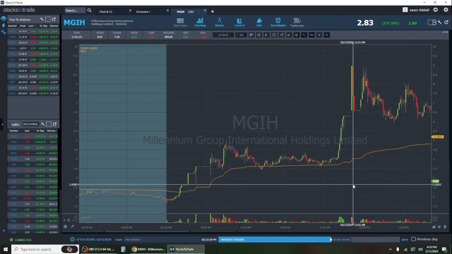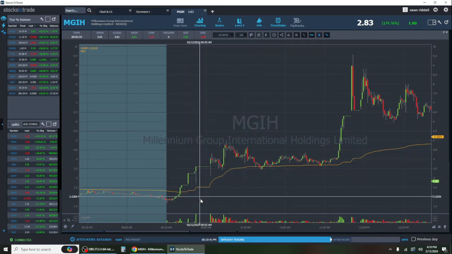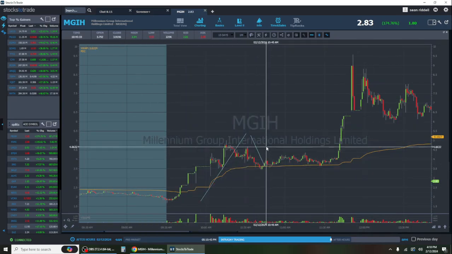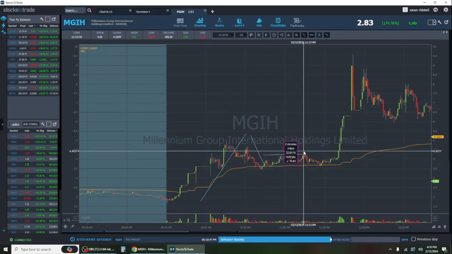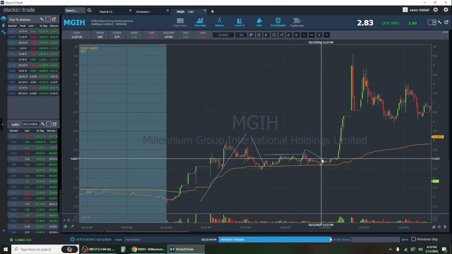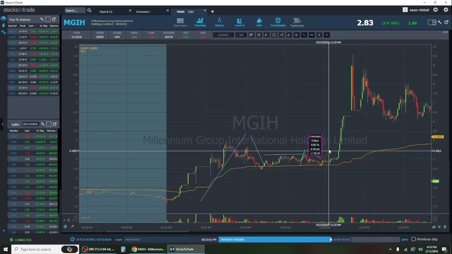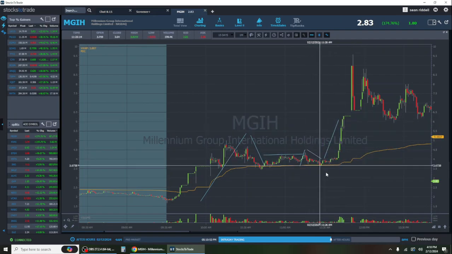All right. So just like NSTG, big move up, pulls back, sideways action, breaks the sideways action, creates a new risk level. Off to the races.